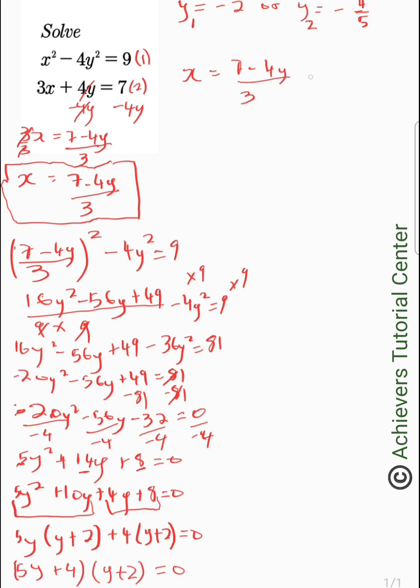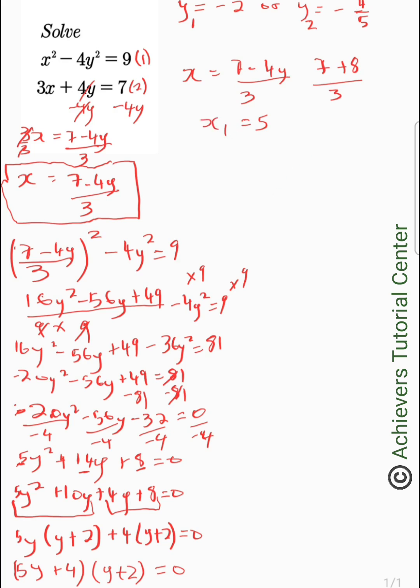When we substitute the value of y, which is -2, we are going to have x equals (7 minus 4 multiplied by -2) divided by 3. That is going to give us plus 8, so 7 plus 8 is 15. That divided by 3 gives us 5. So we can say that x1 equals 5.